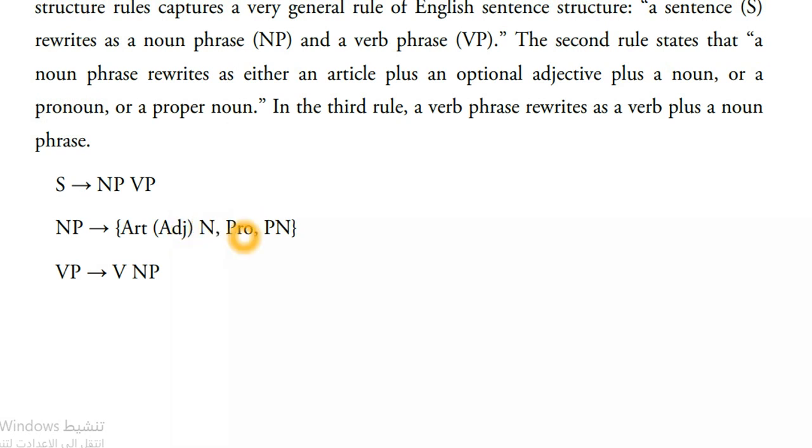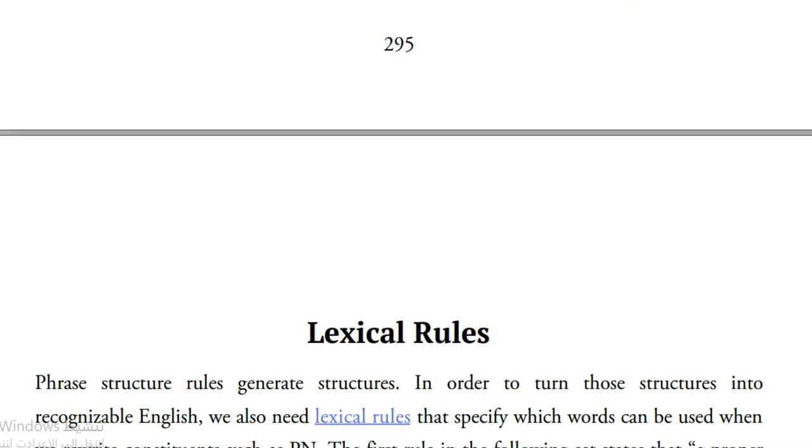We also have pronoun, and we have proper noun, PN. We also have the verb phrase structure: verb, and then noun phrase. So that's a point that we have to realize from your own book.